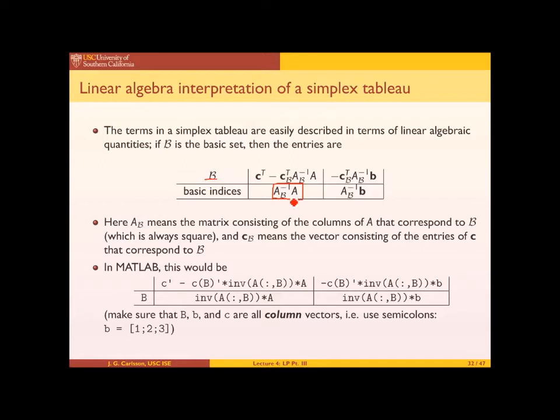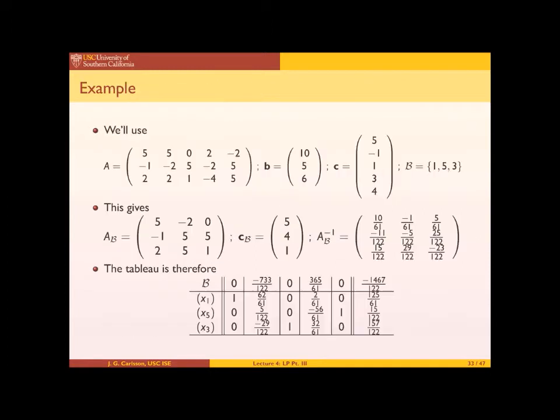What that means is, for example, A sub B means you take the columns of A that correspond to B, and you build a matrix that consists of only those columns. And in this case, you would take an inverse of that. So why don't I do this first? I'll skip ahead to the next slide, which has an example.